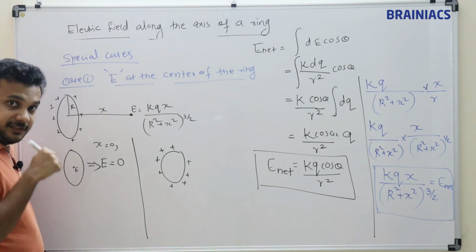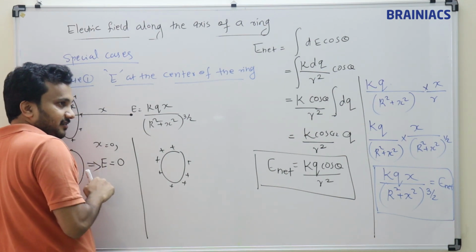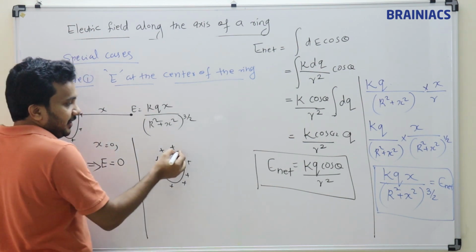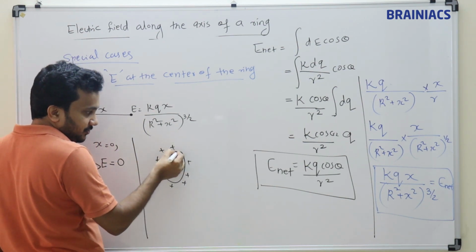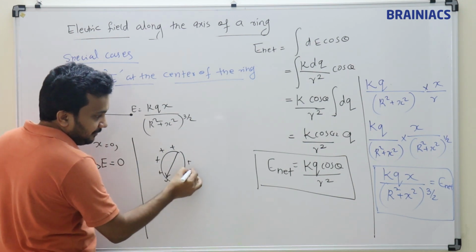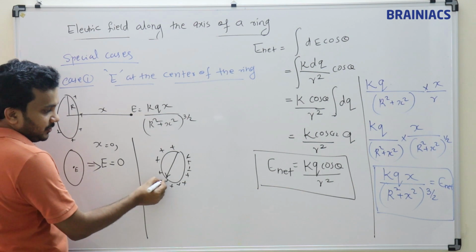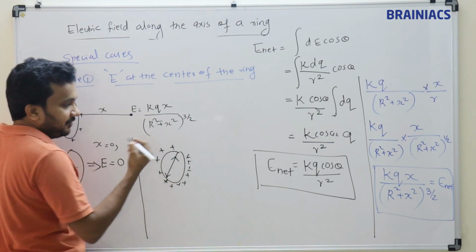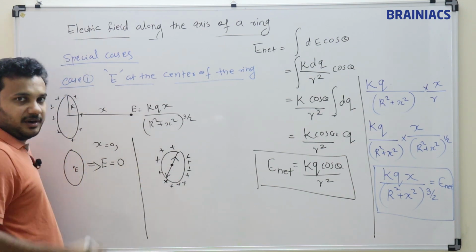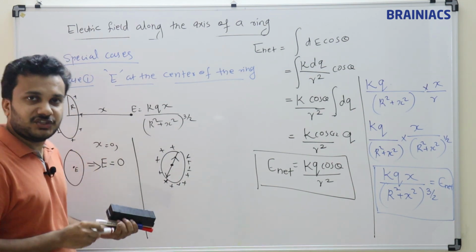Another way of explaining this is based on the theoretical concept. A positive charge will create an electric field like this, and here also we have a lot of positive charges, so this positive charge will create an electric field like this. Both electric fields cancel at the center, so the net electric field is 0.